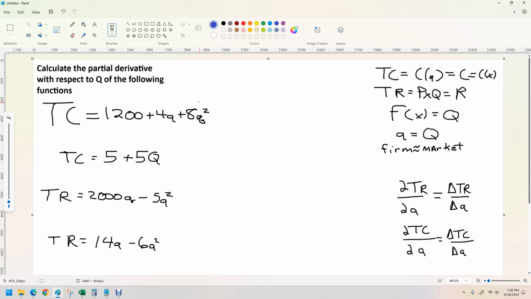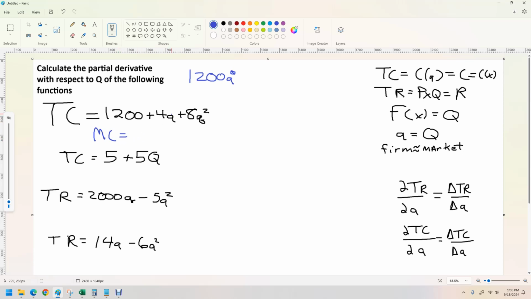So these first two, I'm doing that to get the marginal cost. Okay, so marginal cost. This is a constant. It was like saying 1200 q to the 1, or sorry, q to the 0. It's like there's no q there at all, so it's not going to change based on q, which is what we're trying to capture with marginal cost.